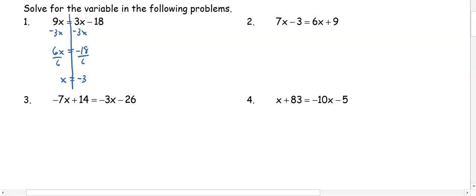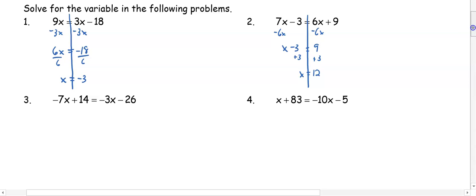In number 2, we have 7x minus 3 equals 6x plus 9, so we can subtract 6x from both sides. X minus 3 is equal to 9. Then we can add 3 to both sides, so x equals 12.